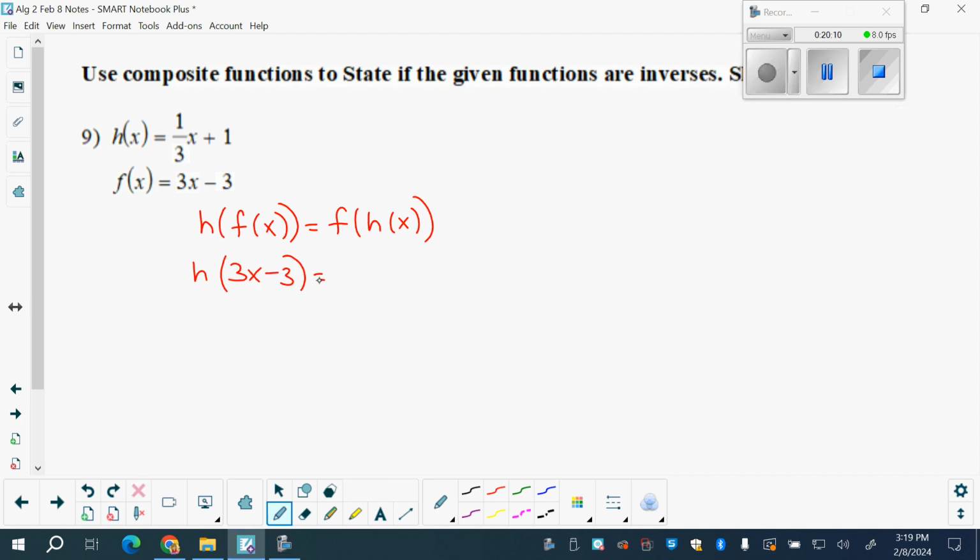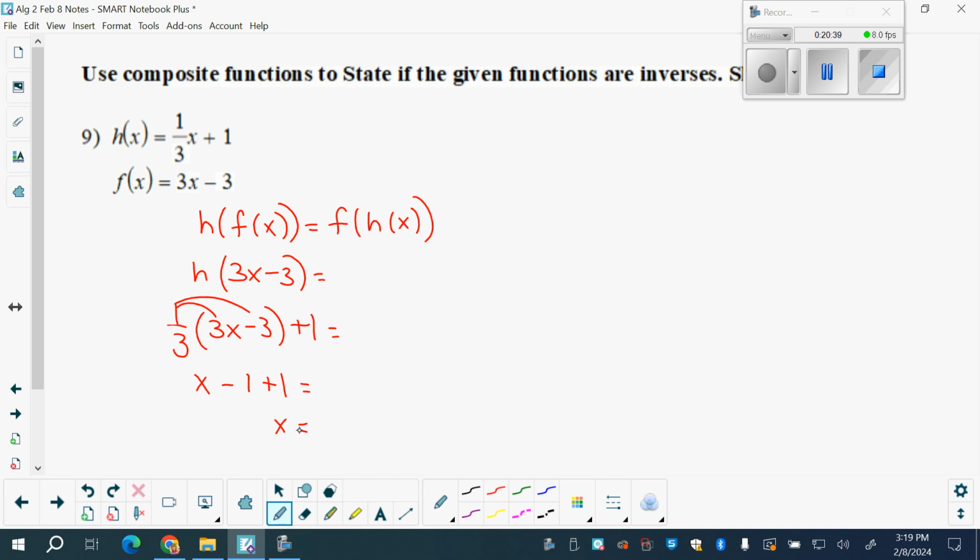We take the 3x minus 3 and put it into the h function. So that would be 1/3 times 3x minus 3, plus 1. Then we distribute, and 1/3 times 3x is just x. 1/3 times negative 3 is negative 1, plus 1. And what we get is just x. And there's a significance to that. I'll tell you that in a moment.